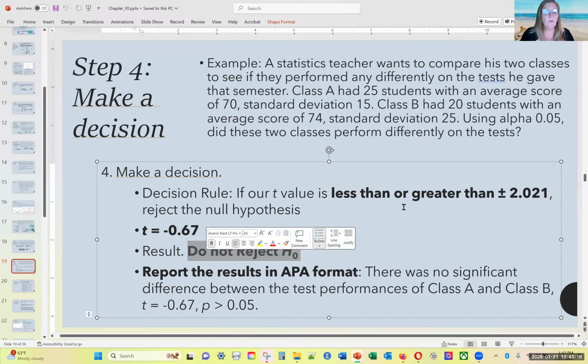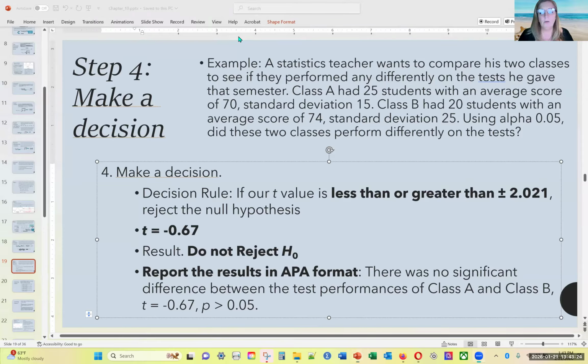And if you have to, let's see if I can do the board here, 2.021. Maybe if I can draw. Even if you have to sort of visualize that for yourself, go ahead and draw a distribution.